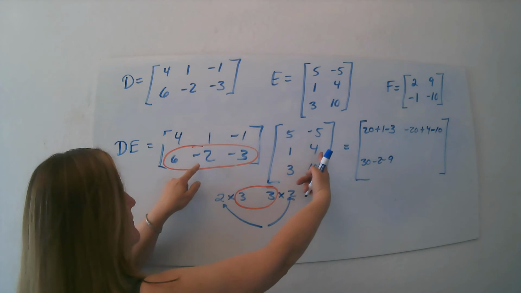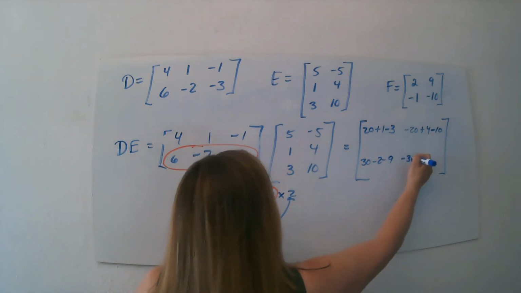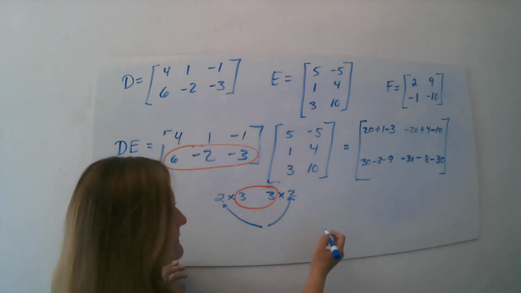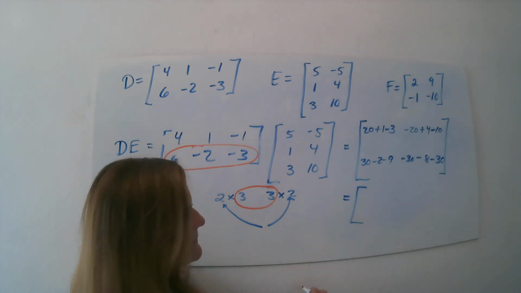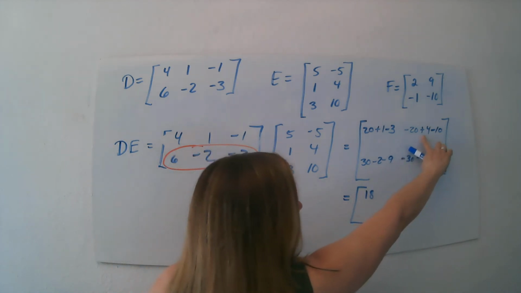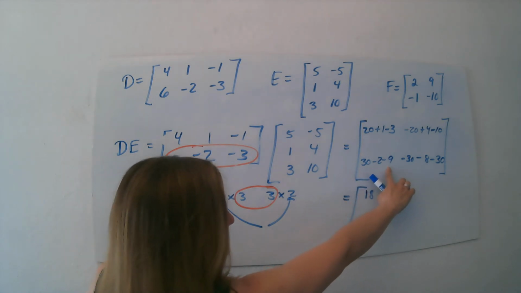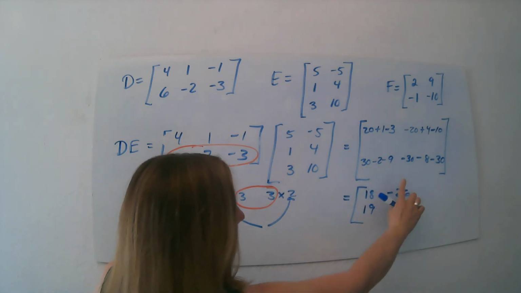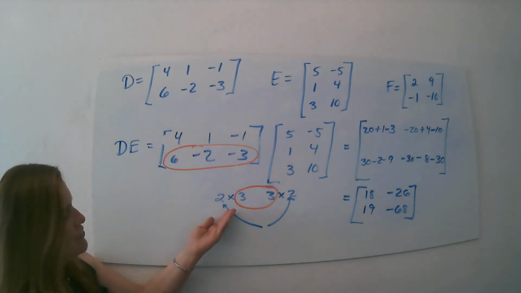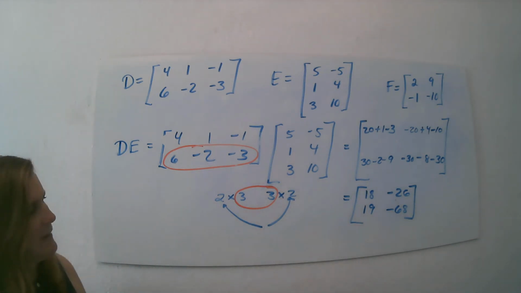Negative 30 minus 8 minus 30. So if we do the arithmetic, we'll have 18, negative 26, 19, and negative 68. So notice again, our 2 by 3 multiplied by a 3 by 2 resulted in a 2 by 2 matrix right there.